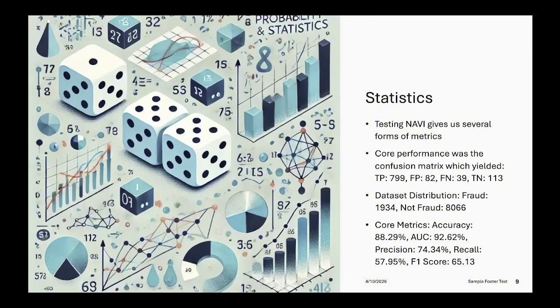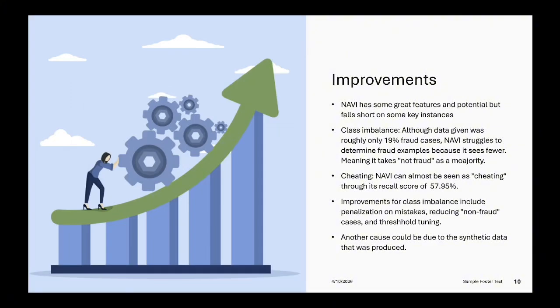That's about a 19% fraud chance. 88% accuracy, which is good. 92% area under the curve, which is pretty good. 74% precision. It's okay. It's all right. Recall and F1 score, however, pretty bad. And we'll get into this here through the improvements where I kind of state what's happening.